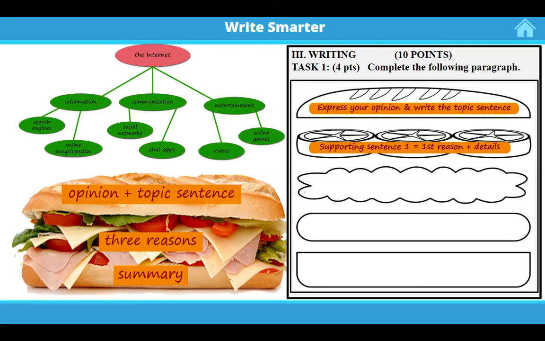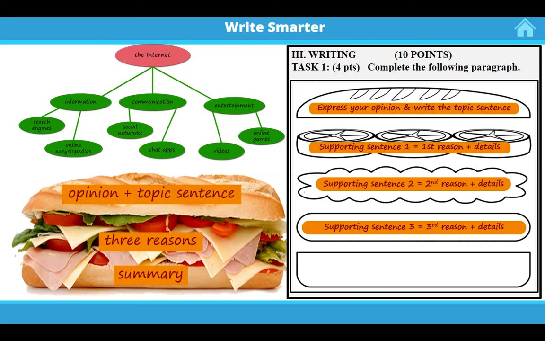For supporting sentence 2, we need to give our second reason and give examples or details. And for the supporting sentence 3, we need to give the third reason supported with some details and examples as well. And finally, we write our concluding sentence in which we just give a kind of summary for our opinion.